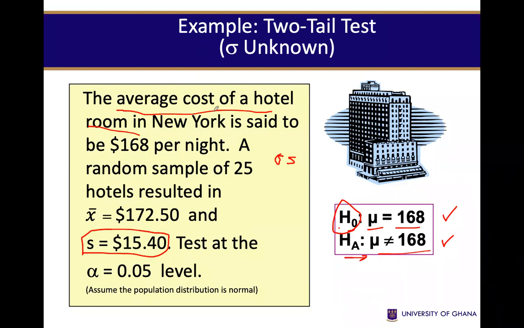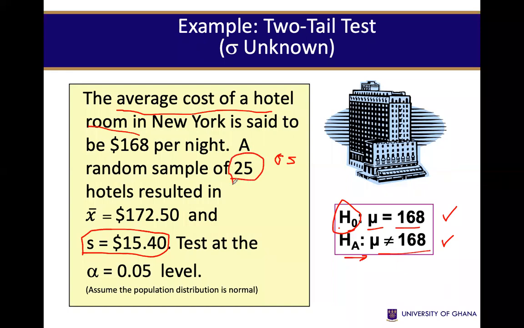So what we want to identify is this: what about the sample size? Is the sample size large or small? Very good. As I mentioned, in some books they will consider this sample size to be large because it's 25.